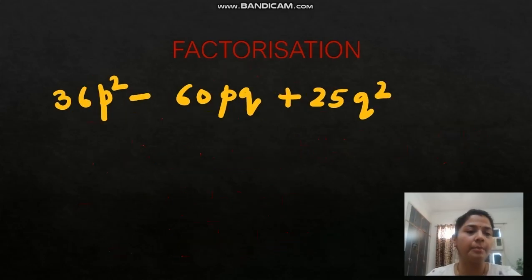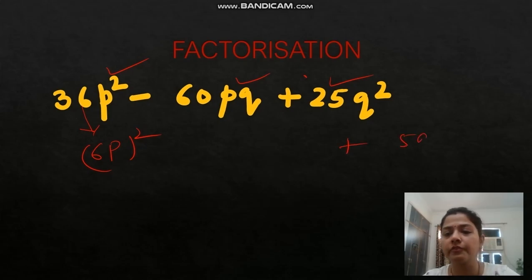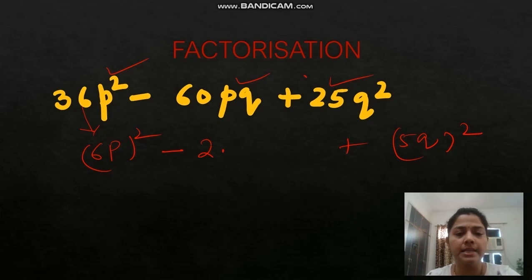Let us take one more example. 36p square minus 60pq plus 25q square. Okay, so it can be written as 6p whole square. Are there three terms? Yes, there are three terms, 1, 2 and 3. Okay, now can we write any two terms in the form of a square? Yes, we can write. It can be written like this, plus 5q whole square minus 2 into, what is A? 6p.